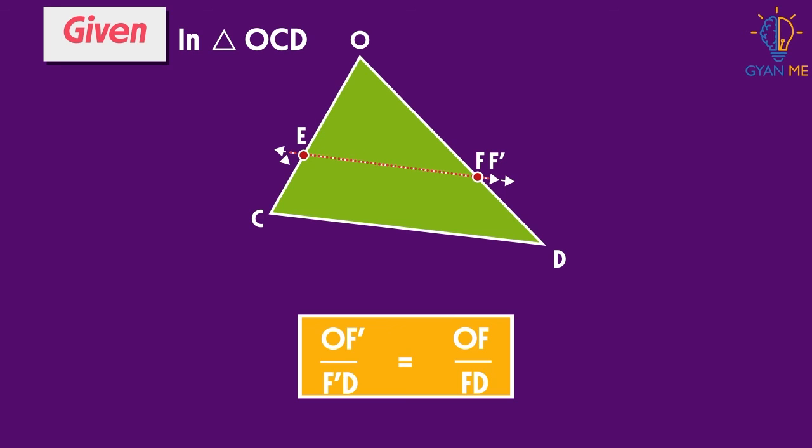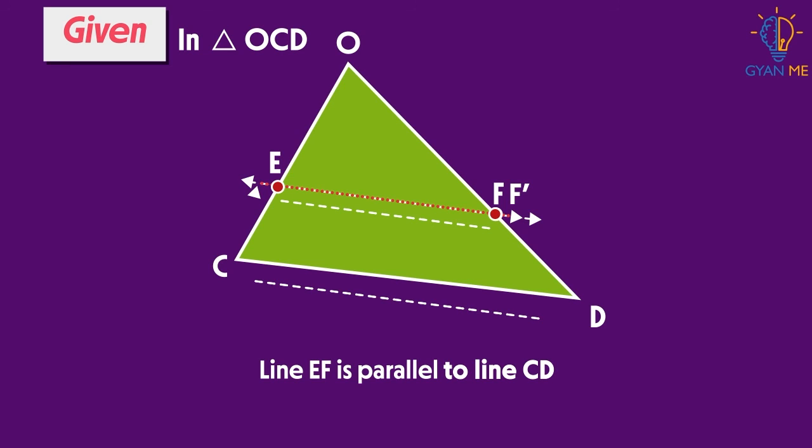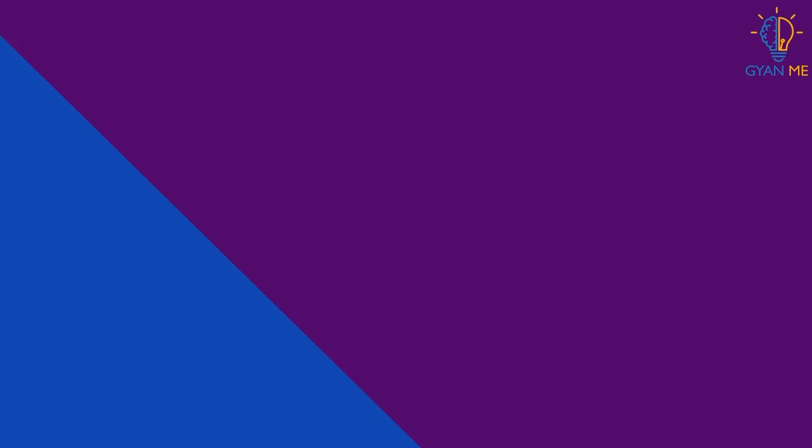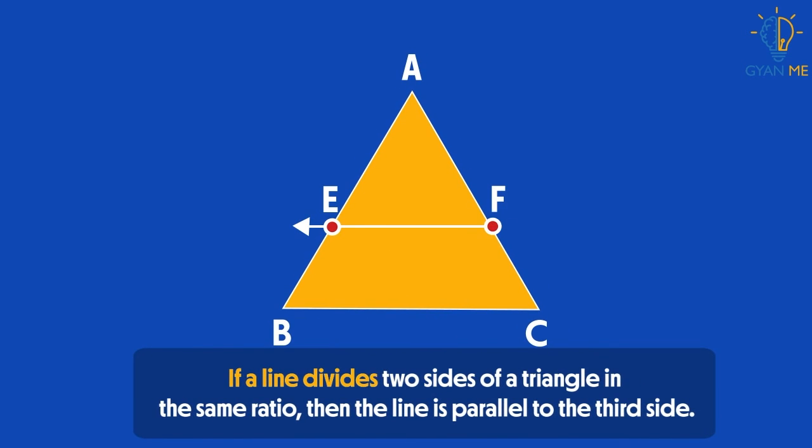So here we can conclude that EF is parallel to CD, since we constructed EF' to be parallel to CD. So the converse of the basic proportionality theorem is also true, which states that if a line divides two sides of a triangle in the same ratio, then the line is parallel to the third side.